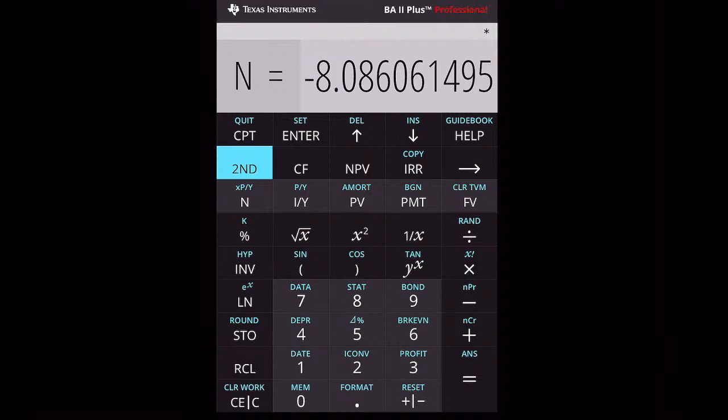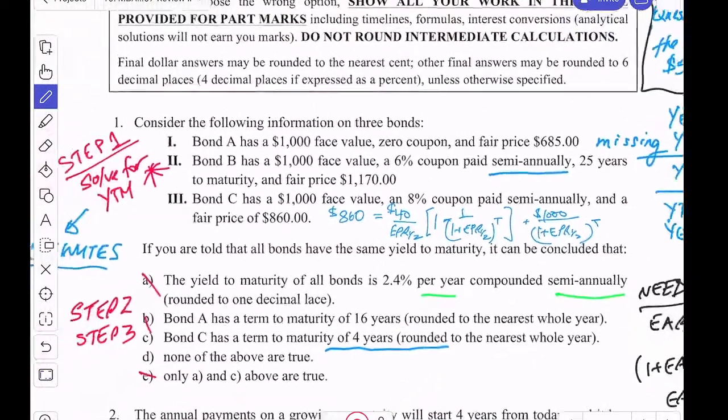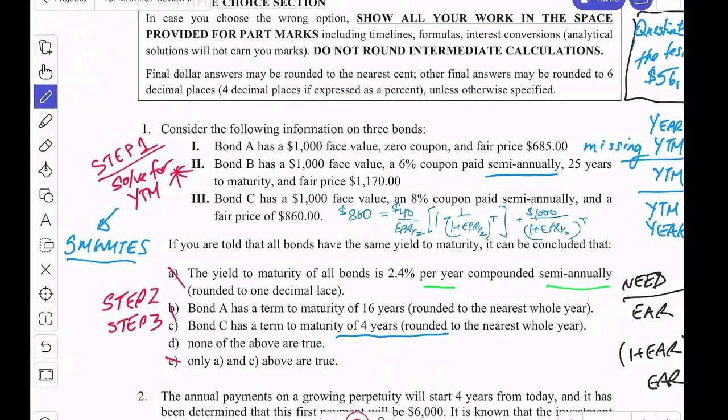It's a negative. So that's a tricky one. Since this doesn't work, it means it's undefined. Basically, it's not possible. So the answer is none of the above.